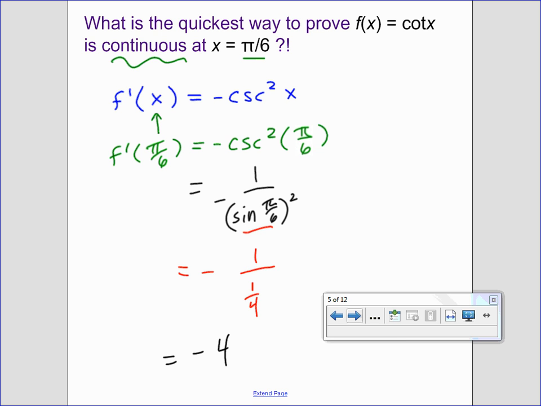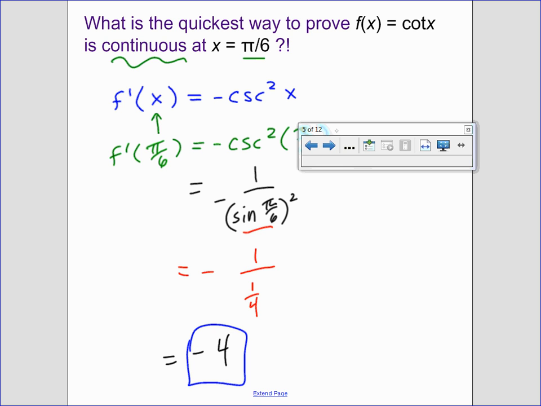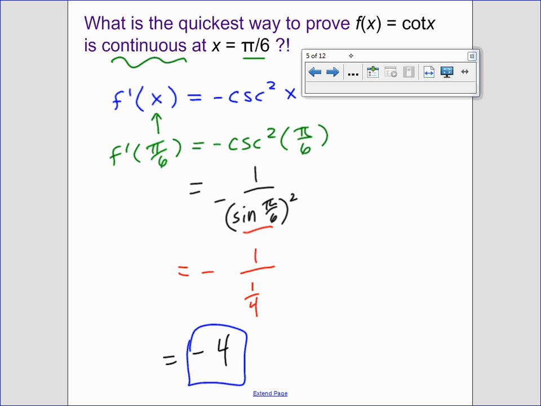Does negative 4 exist? Yes. So since f prime exists, f is differentiable at x equals pi over 6, then f must be continuous.